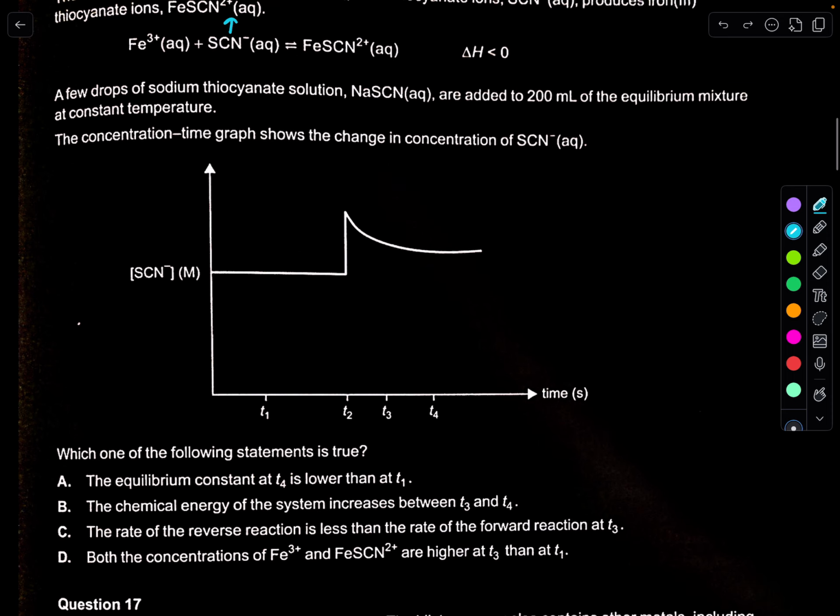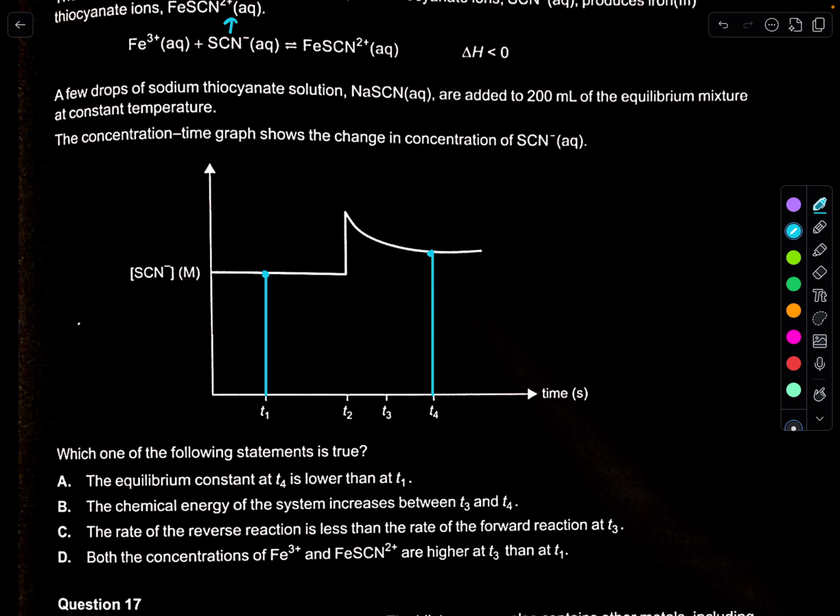The equilibrium constant at T4 is lower than at T1. Absolutely wrong. Remember, the equilibrium constant only changes for one variable, and that's temperature.